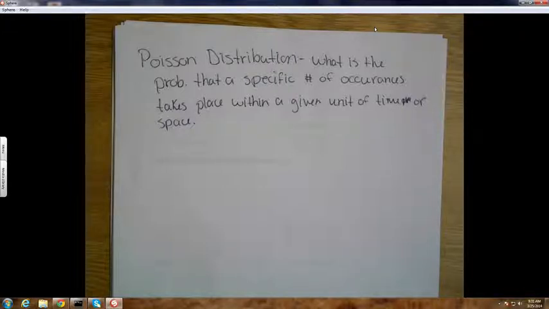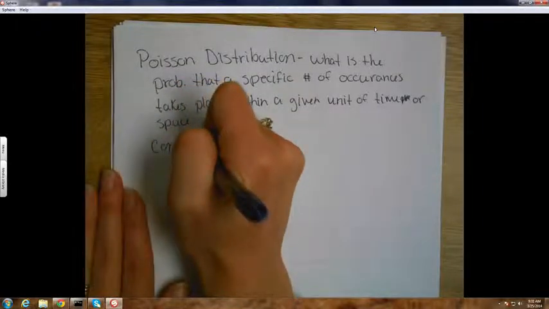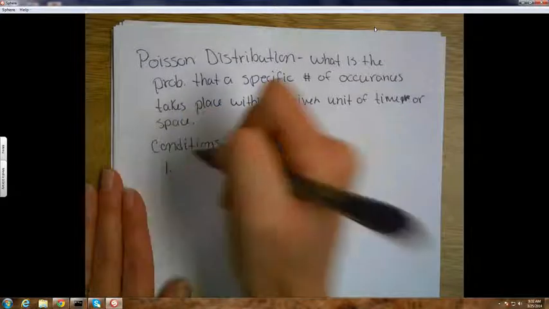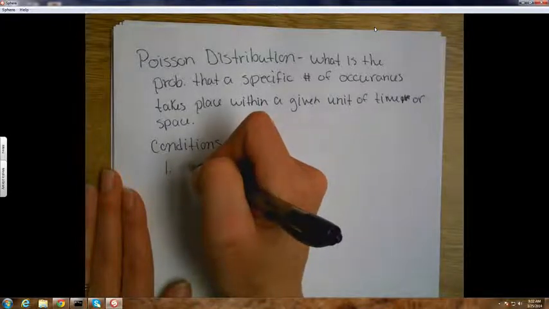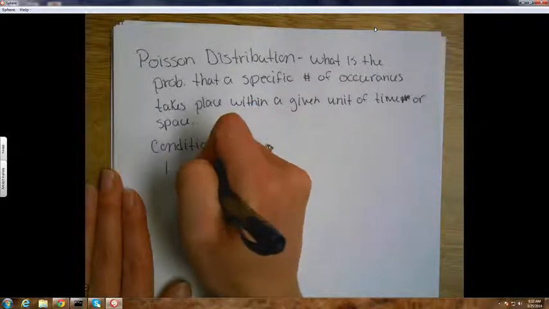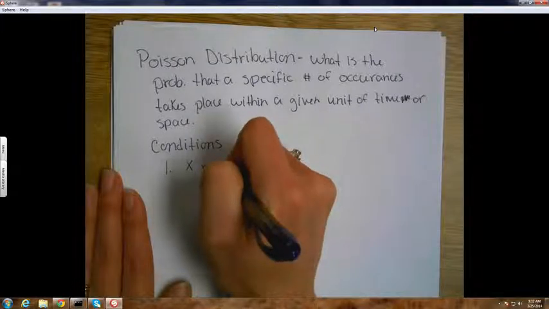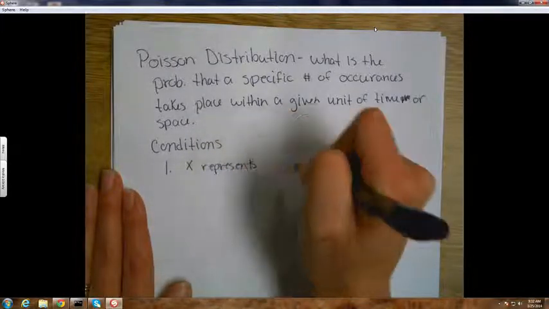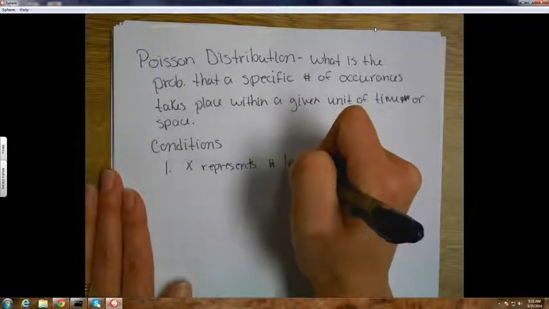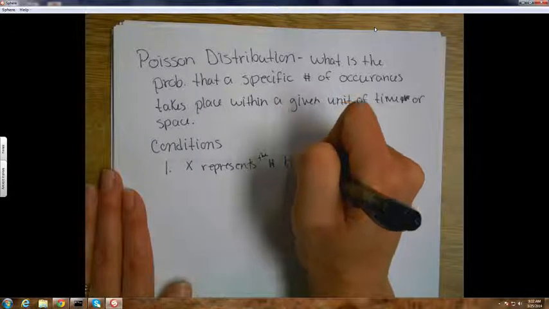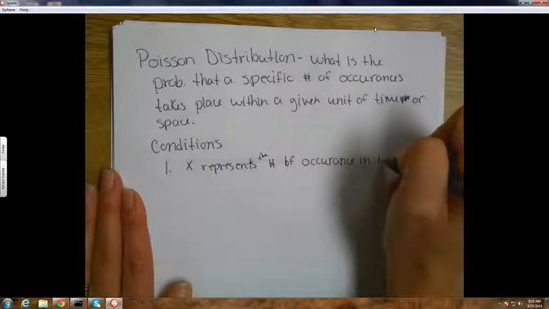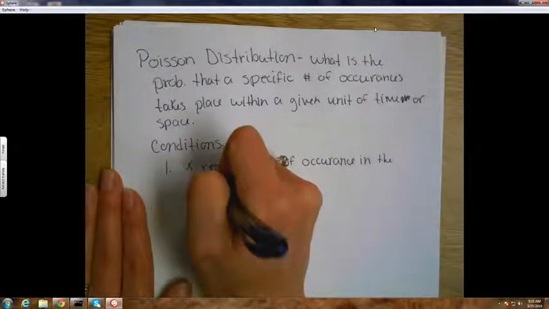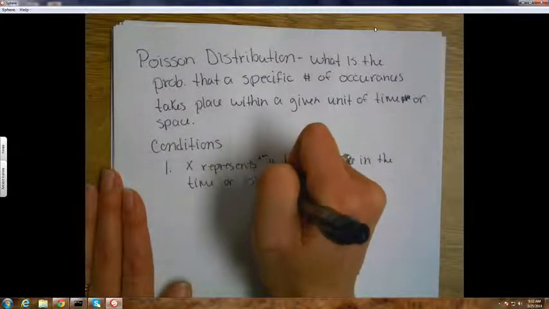The conditions? X represents the number of occurrences in the time or space interval.